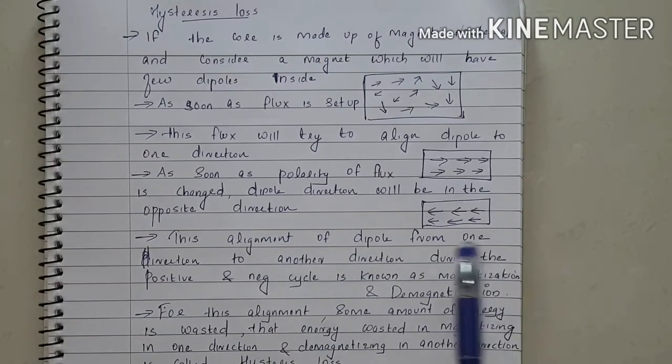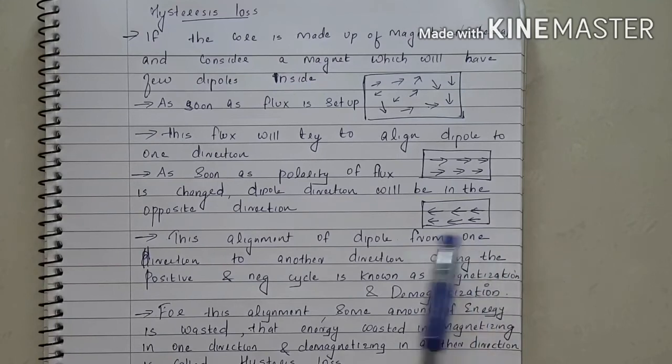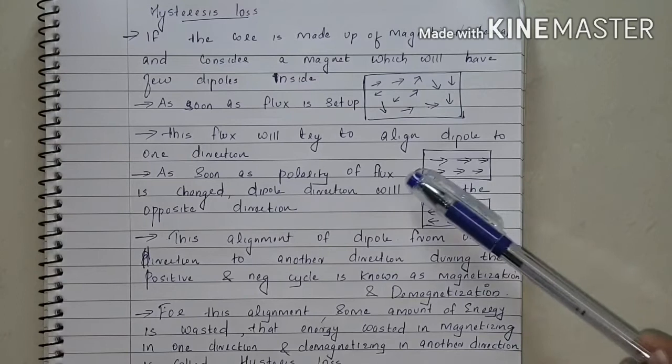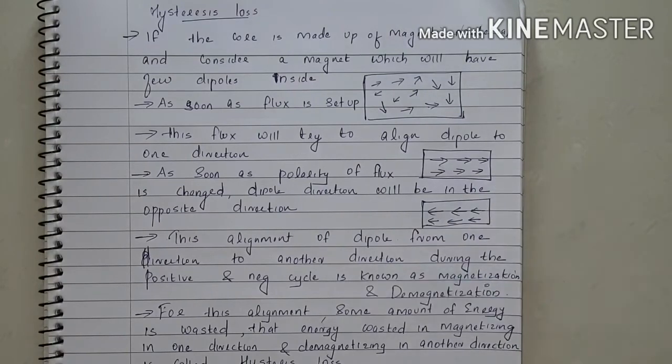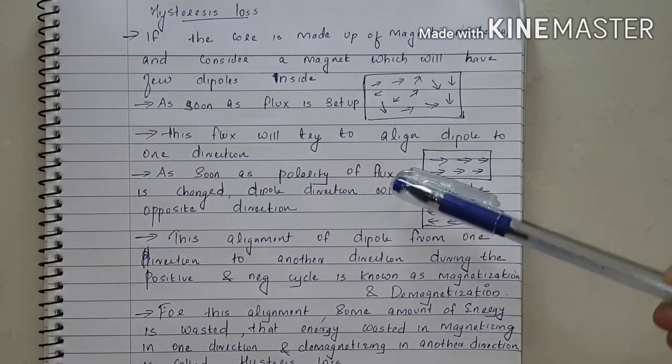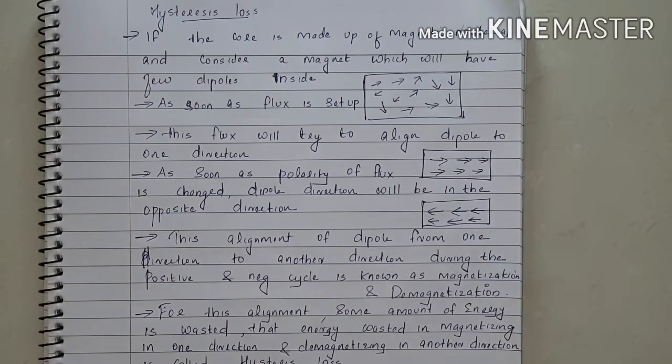As soon as the polarity of flux is changed, the dipole direction will be in the opposite direction. This alignment of dipoles from one direction to another during the positive as well as negative cycle is known as magnetization and demagnetization. For this alignment, some amount of energy is wasted. That energy wasted in magnetizing in one direction and demagnetizing in another direction is called hysteresis loss.